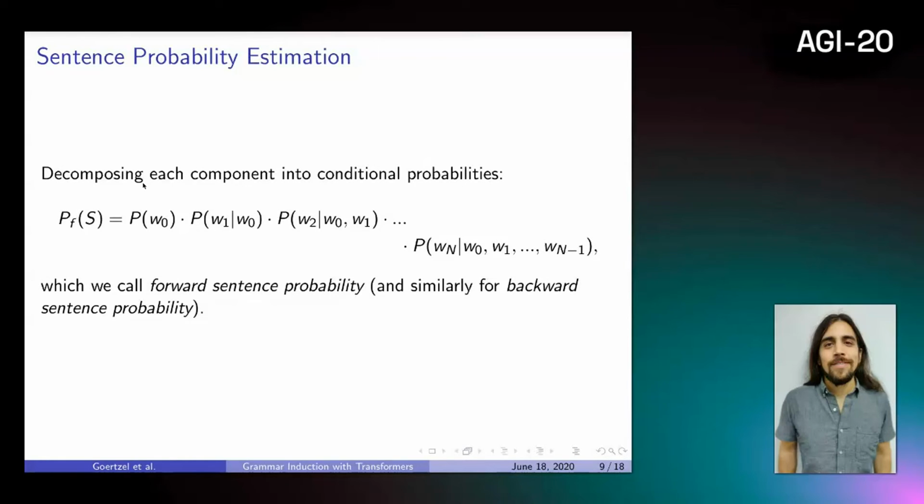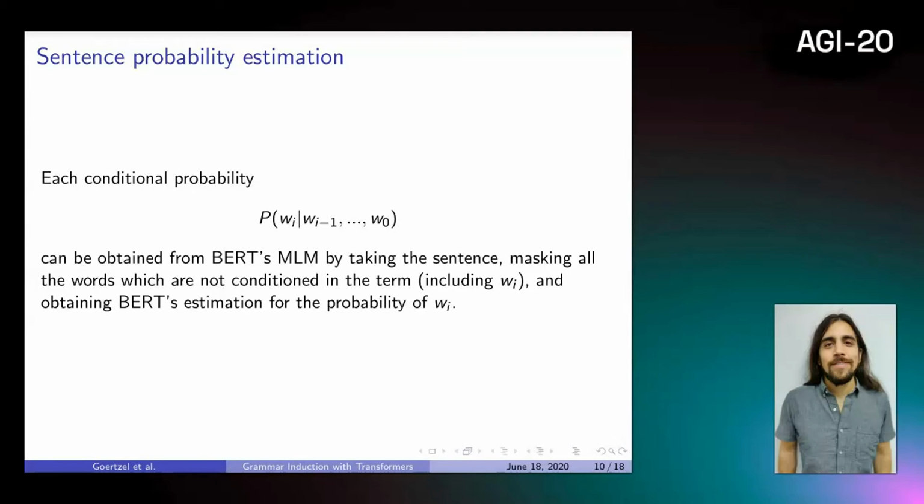We simply decompose the joint probability into conditional probabilities in the normal way. This is the forward one. The backwards one would be very similar, just we start with Wn here. What's the probability of Wn times the probability of Wn minus 1 given Wn, etc.? And each of these conditional probabilities, each of the terms, can be obtained from BERT by asking BERT what's the probability of word Wi given all of these words.